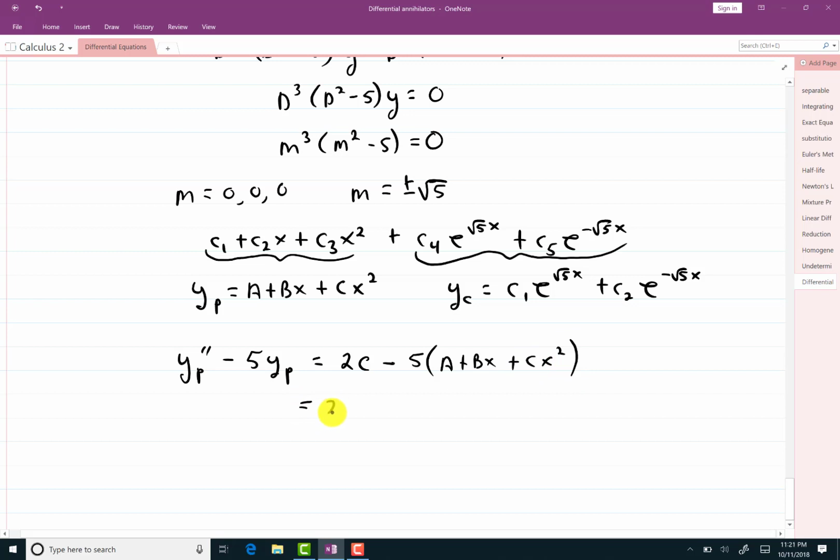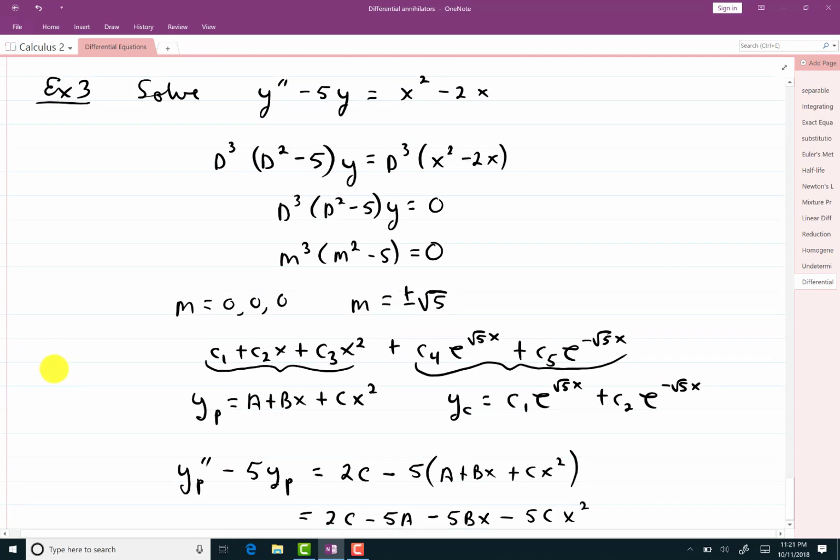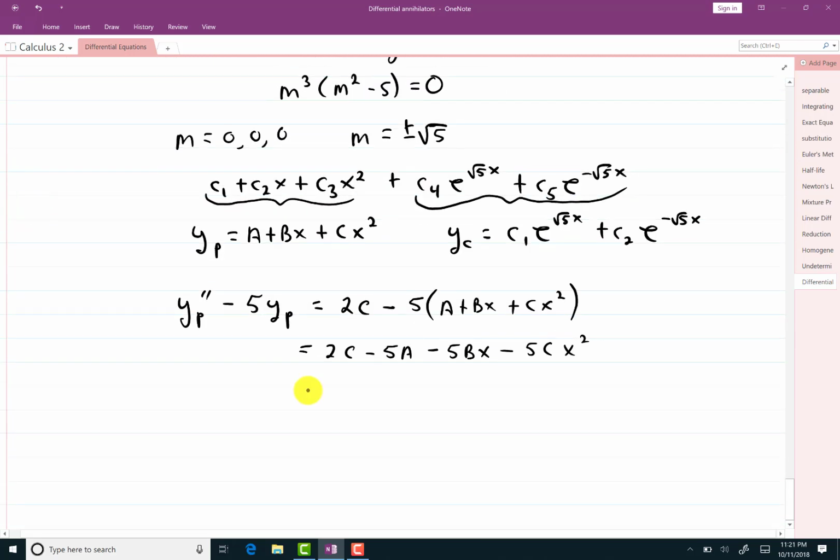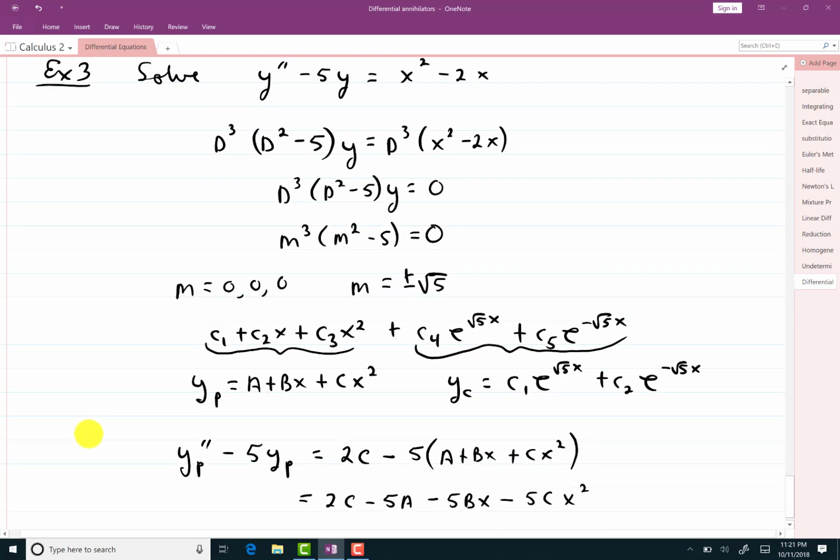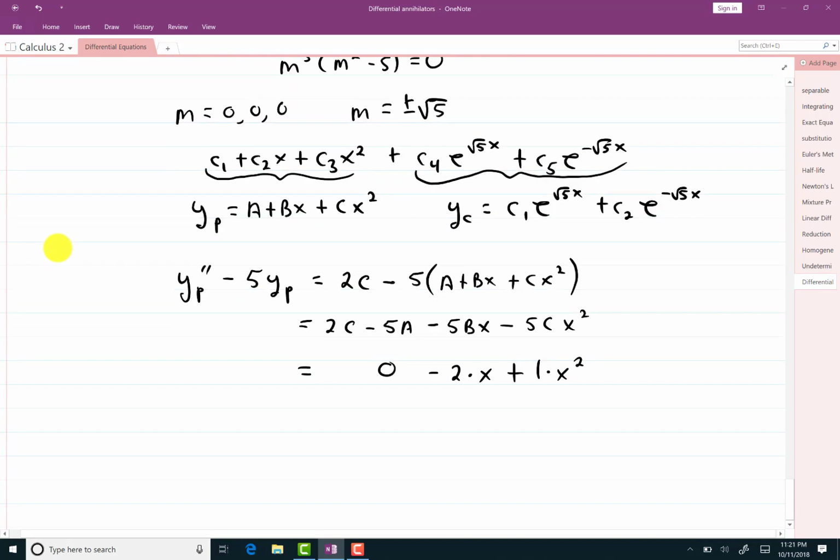And so that would be 2c minus 5a minus 5bx minus 5cx squared. And this original thing was equal to x squared minus 2x. So it was equal to 0 minus 2x plus x squared. You can see I'm writing those underneath to make sure that I line up all of my coefficients.